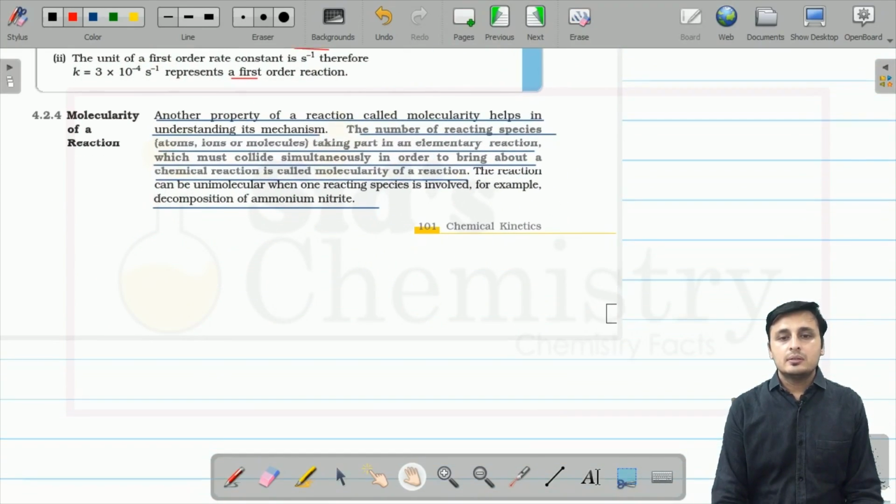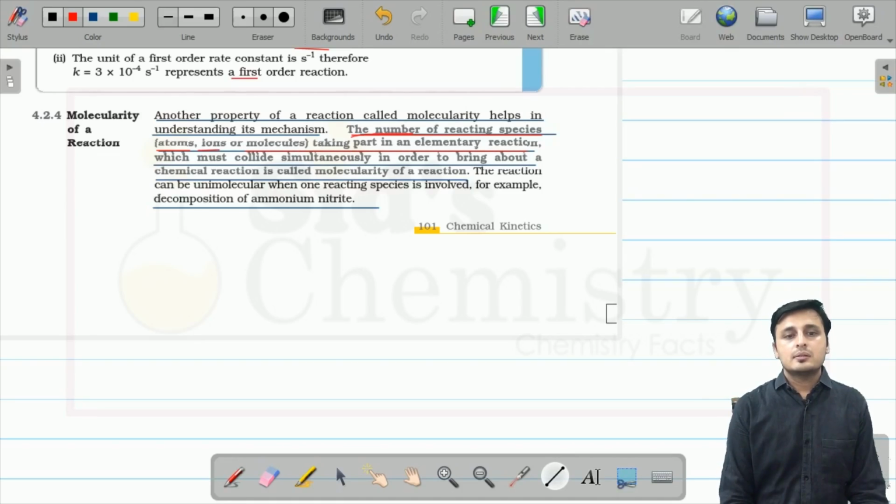Molecularity of a reaction. First of all, we will write the definition. What is the definition? Give the title molecularity and write the definition. The number of reacting species, that is atoms, ions, molecules, taking part in the elementary reaction, which must collide simultaneously in order to bring about a chemical reaction, is called the molecularity of a reaction.